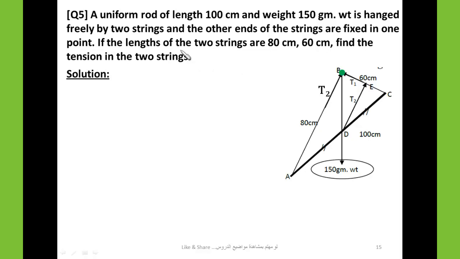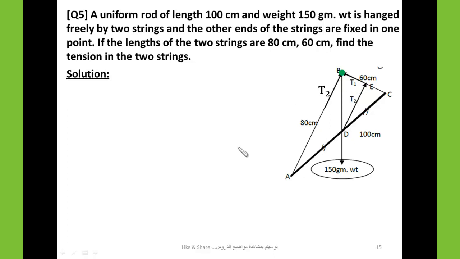If the lengths of the two strings are BA is 80 centimeters and BC is 60 centimeters, find the tension in the two strings. The required is to calculate T1 and T2.